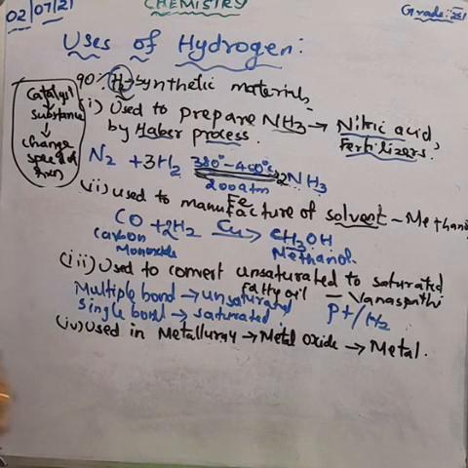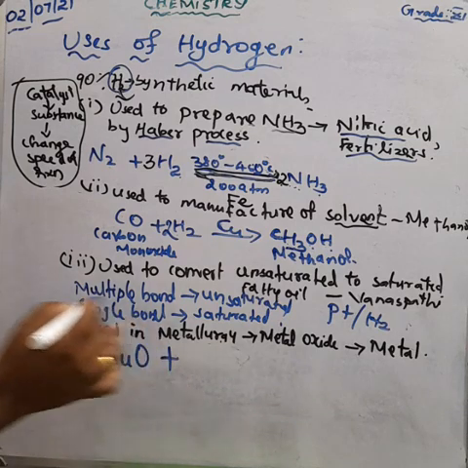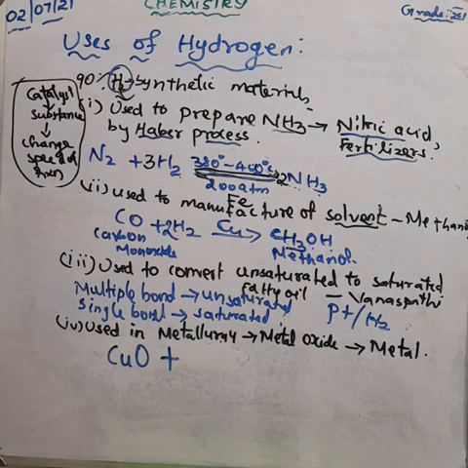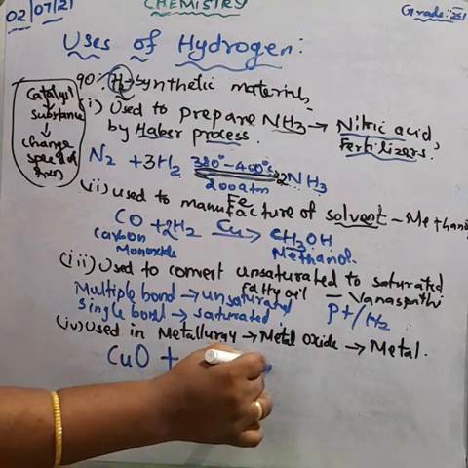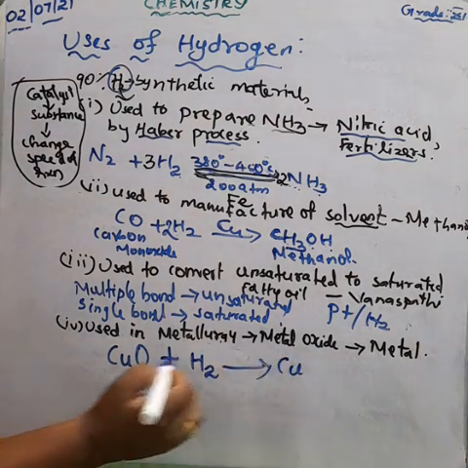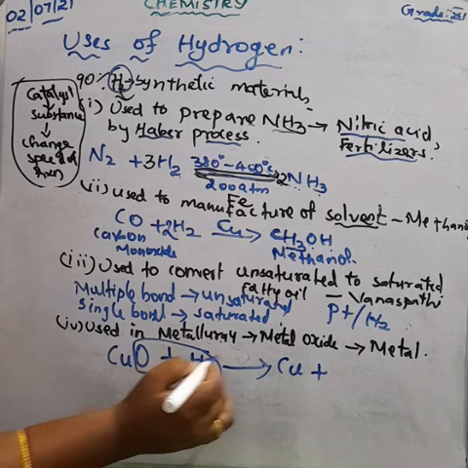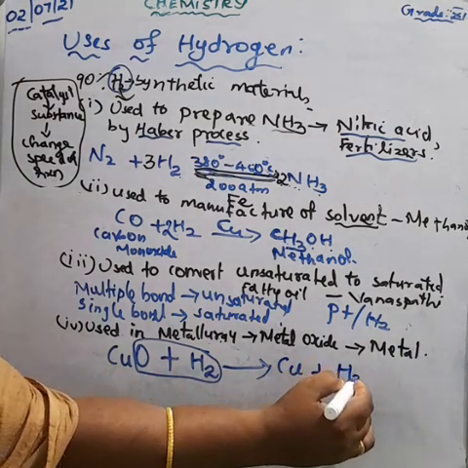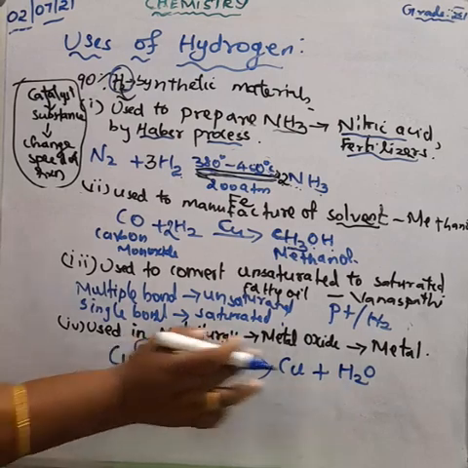For example, copper oxide, CuO, plus hydrogen, H2, we get copper plus H2O. This oxygen combines with this hydrogen to form water, H2O, and we get copper metal. So hydrogen is used to convert the metal oxide to metal.